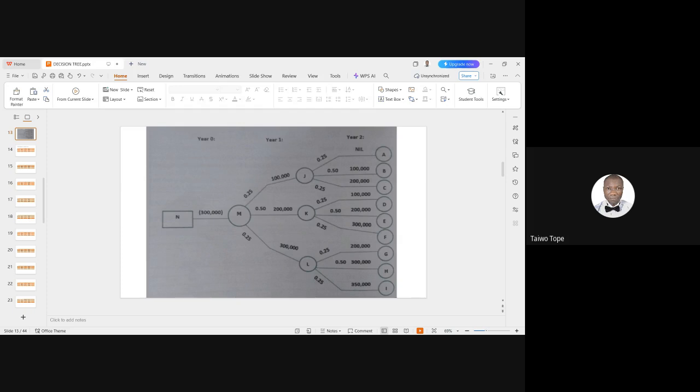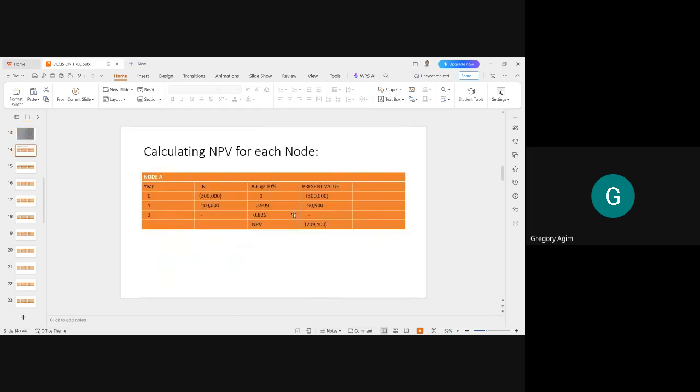So for E, it will be what? 0.5 multiplied by the NPV of 47,000. 23,500. Positive.